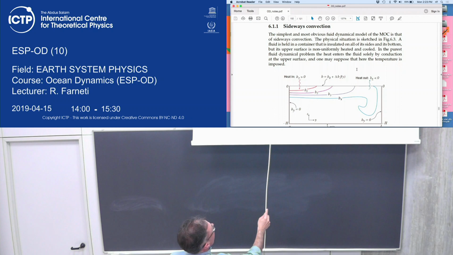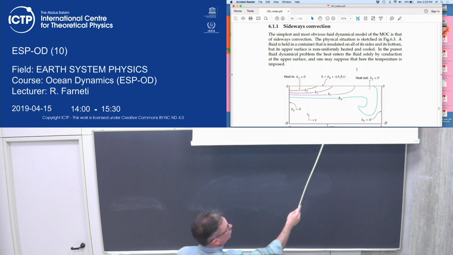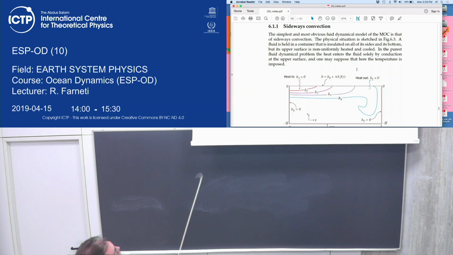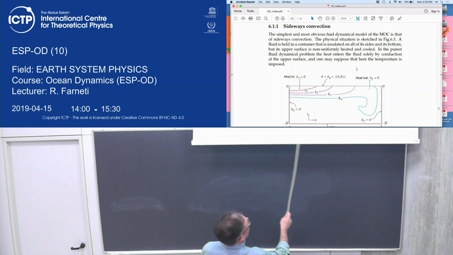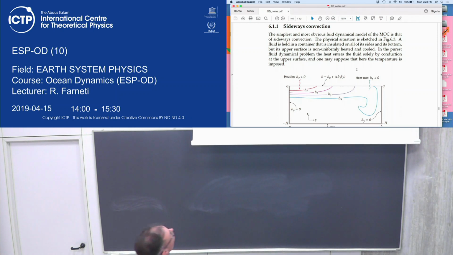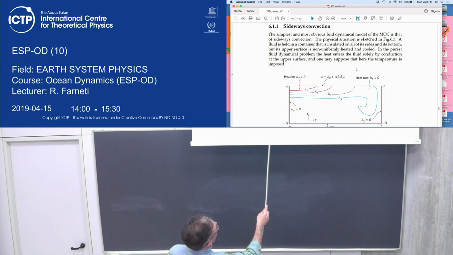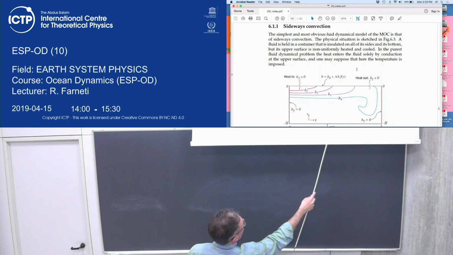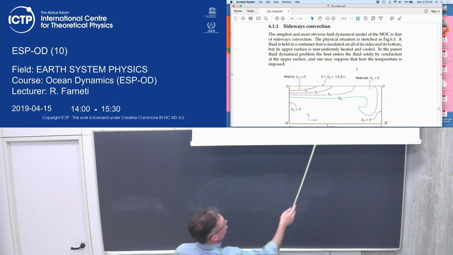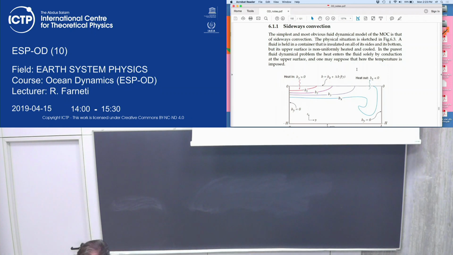Okay, so here you're heating close to the equator, and here you're cooling close to the other edge of your box. So you have a differential heating at the surface, and so you will be heating on this side of the box and cooling on this side of the box. Okay, so if these are buoyancy lines or temperature lines, if you prefer, it will be very warm here close to the equator, and then it will get cooler and cooler until you reach this region where you actually have some net cooling at the surface.